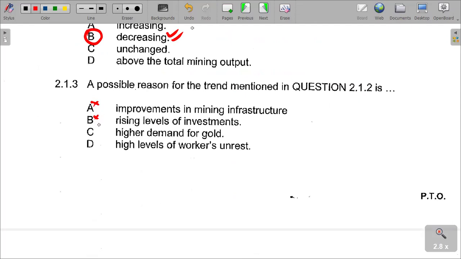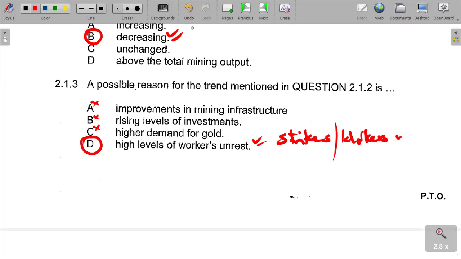High demand for gold can also cause an increase in gold mining. So the answer is high levels of workers' unrest. We talk about strikes in mines.